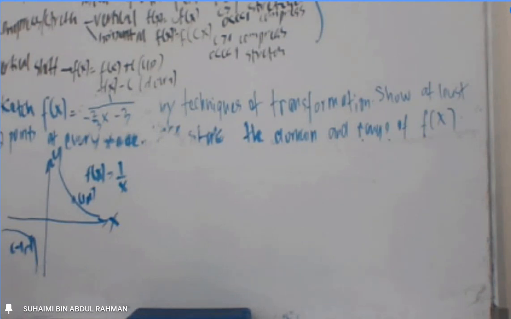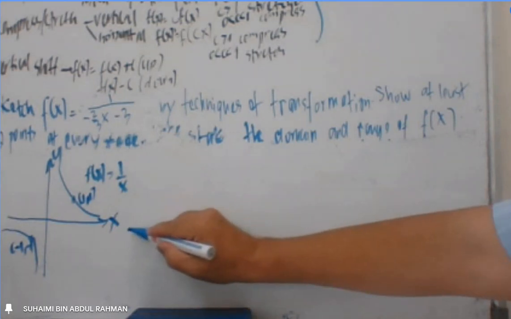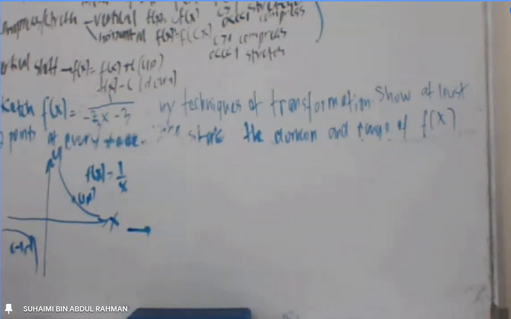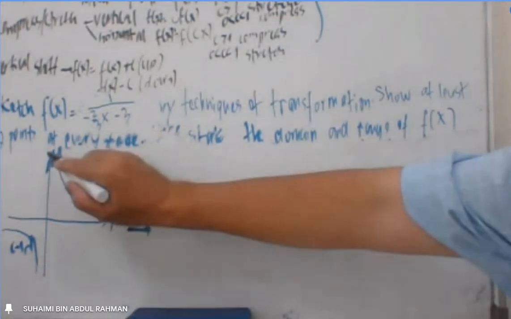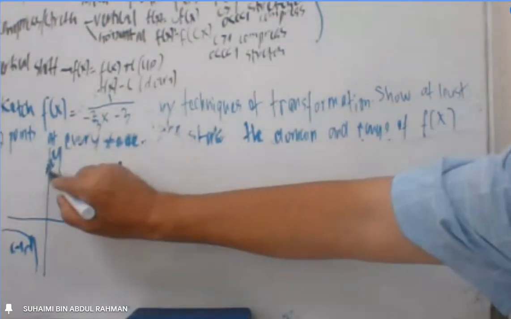Next, remember that for the case of reciprocal function, these two axes are considered as asymptotes.